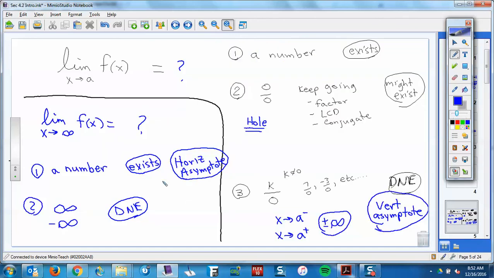The only way the limit as x approaches infinity isn't going to exist is if way out here it just goes up, up, up, or down, down, down. But if it levels off, then we have a limit and a horizontal asymptote. Okay, so that's the whole picture as far as how infinity can be involved with limits.